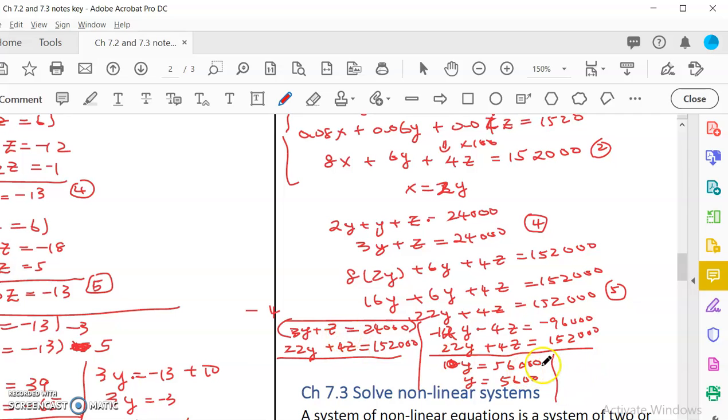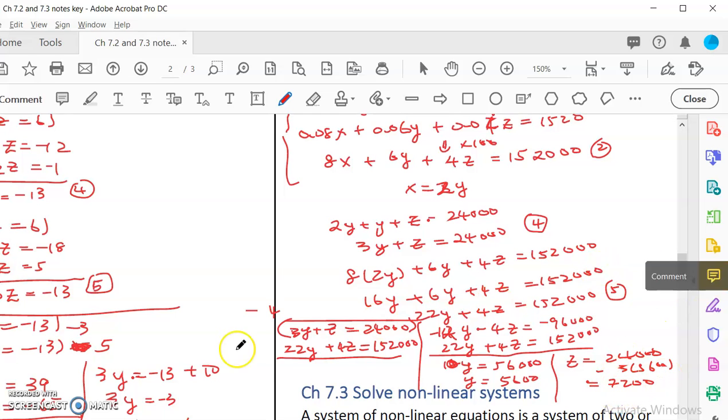And then if you plug it back into here, 3y plus z equals 24,000, so z would be 24,000 minus 3 times 5,600. So it'll be 7,200.